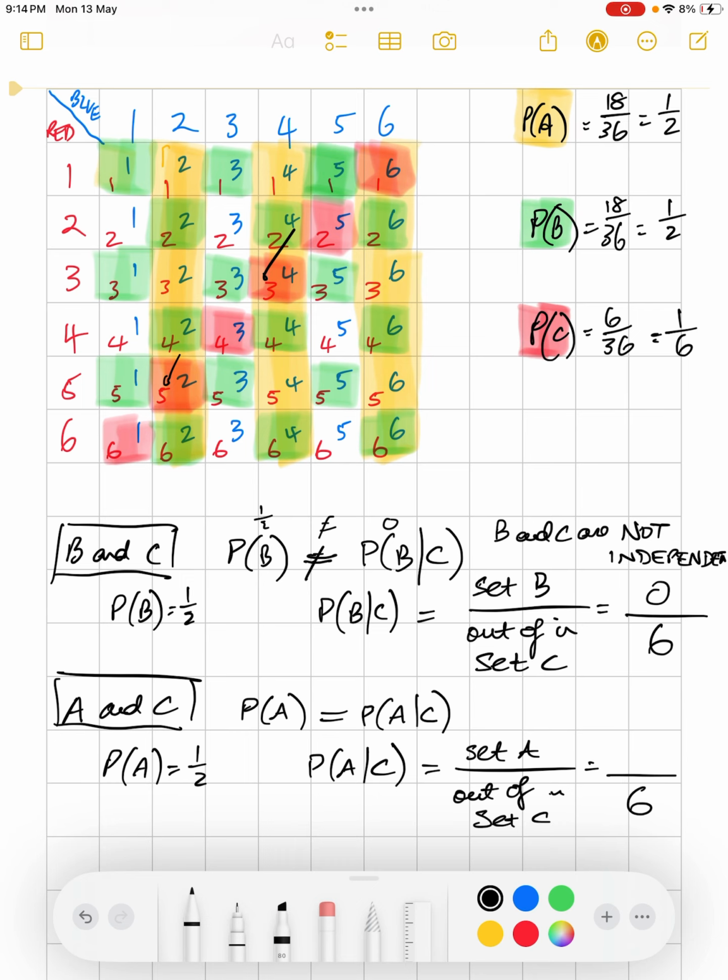That one there, 3 and 4. That one there, 1 and 6. There are 3 where the blue dice is in fact even. So if the score is 7, the probability of A is still a half. Whether C happens or not, the probability of A is still a half. This is interesting: it means that A and C are independent. So that is true.